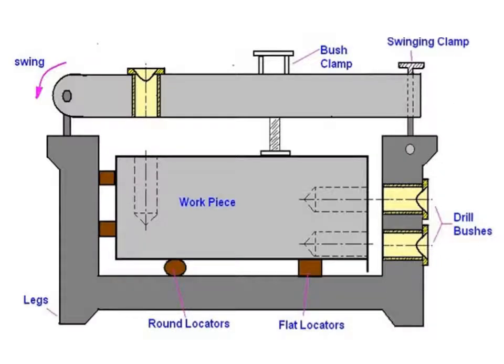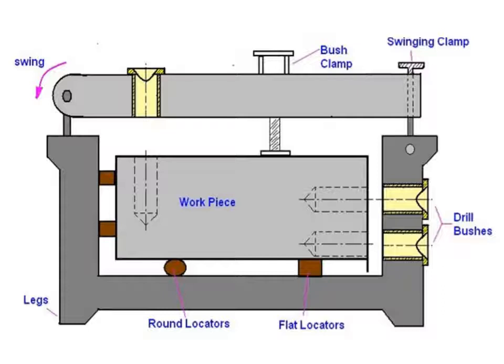And this is a photographic view of the same arrangement, where the speciality of this figure is that there is a swinging clamp arranged on the top, and the cover can be hinged because it can be moved up and down very easily for loading and unloading the workpiece from inside the jig.